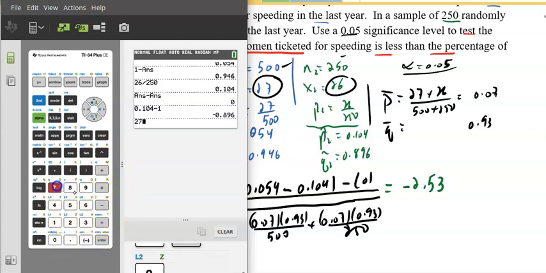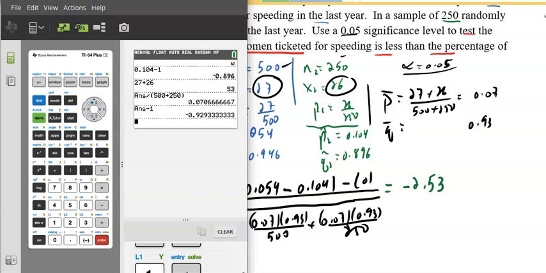If I take 27 plus 26 and divide that by 500 plus 250, I'll get 0.07, and 1 minus that is 0.93.